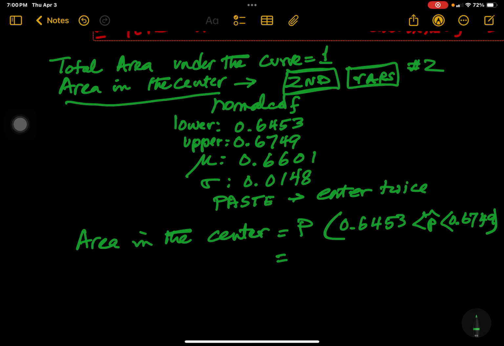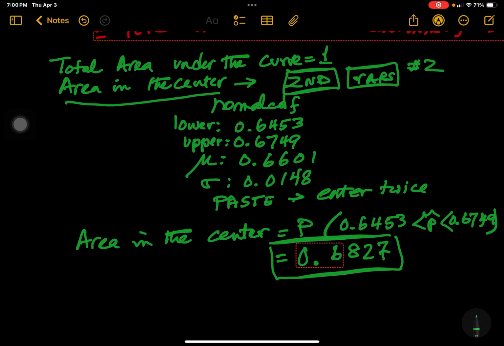The upper is 0.6749. The mean is 0.6601. And the standard deviation is 0.0148. Then we go to paste, hit enter twice. So the area in the center is 0.6827.